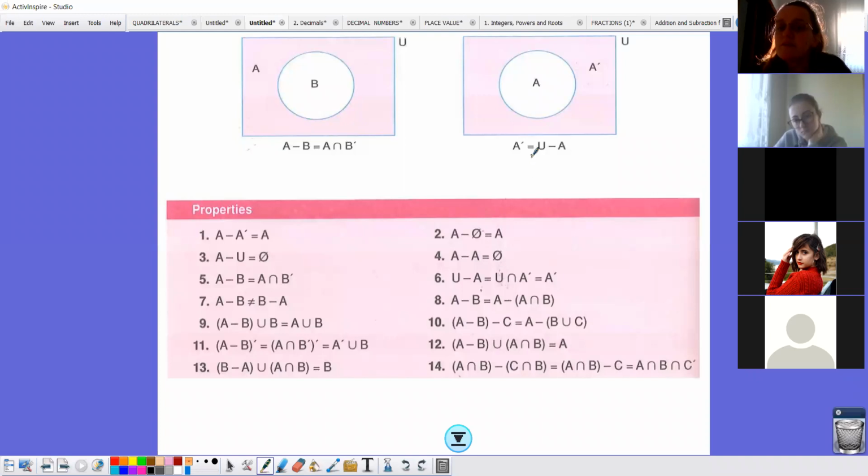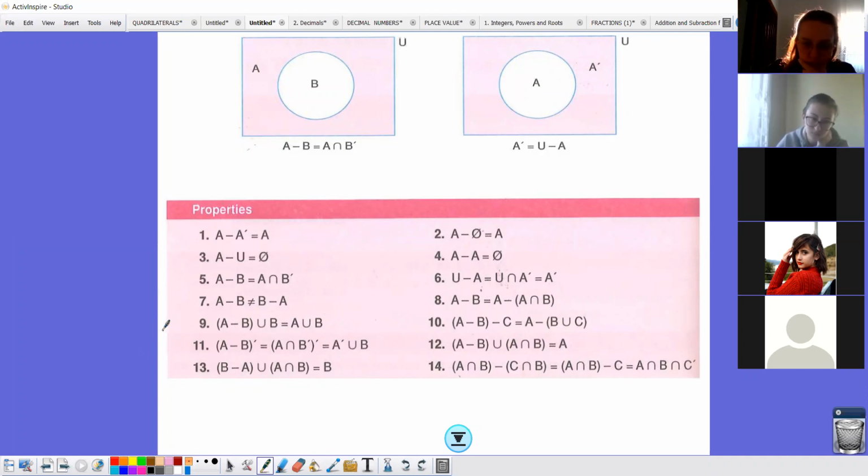And A complement is the universal set minus the set A. Here you have some properties. I will not read all of them, but these are the properties for the difference.